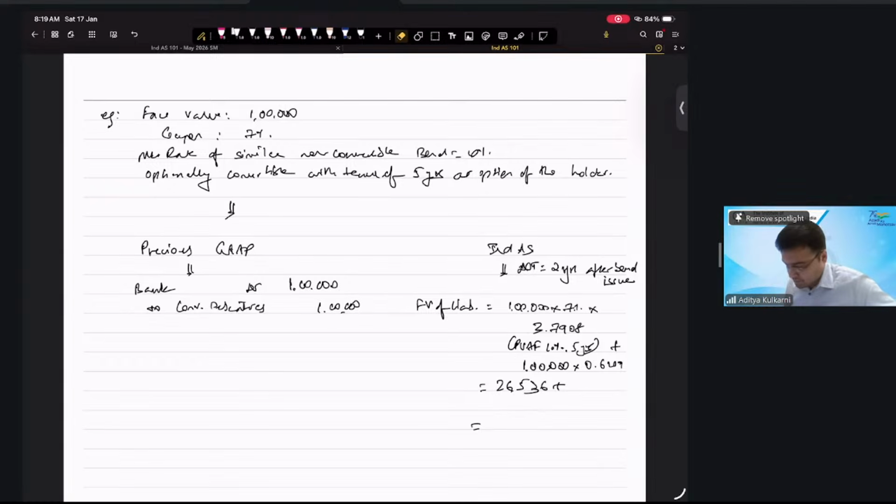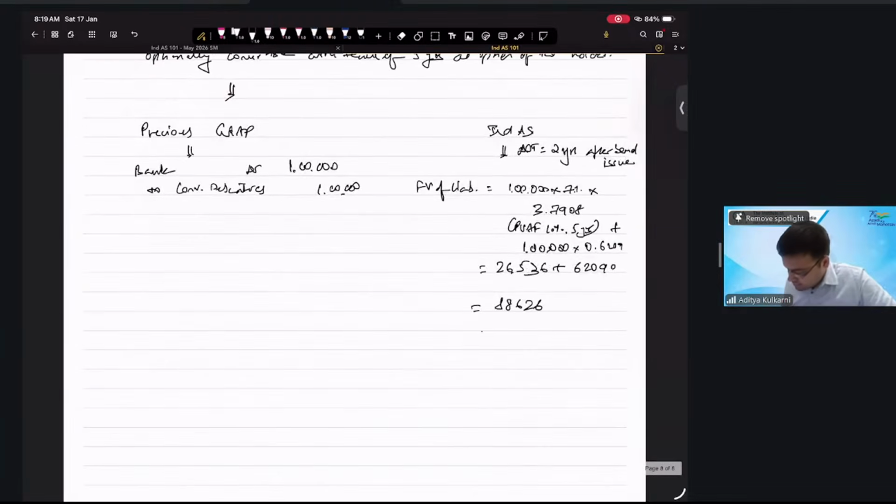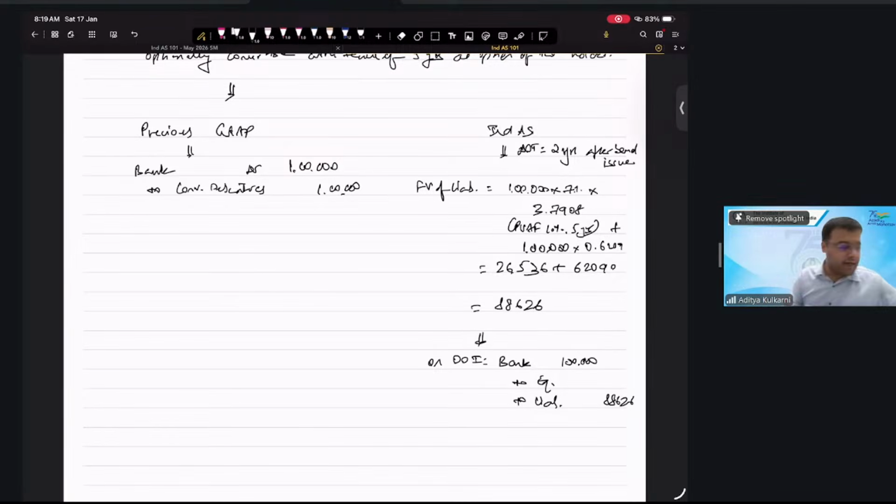Here it is. 88,626. My bad. Are you okay? Yes, 88,626. So on date of issue, the entry that should be passed is bank account debit 1 lakh to equity component, to liability component. 88,626 is your liability. 11,374 is your equity. Are you okay with this?